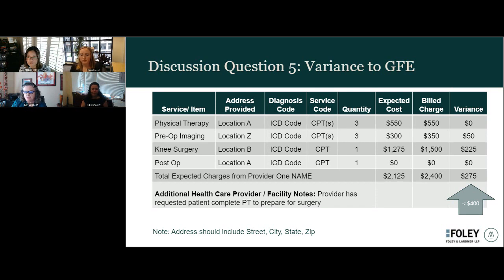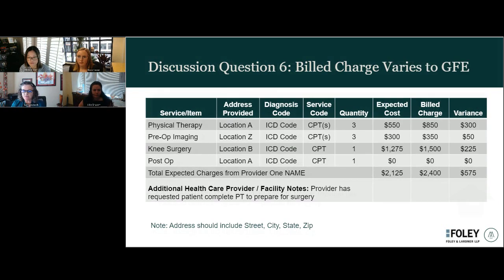Right. And then the next slide that we have is the bill charge varies to the GFE. So in this case, my math isn't very good at the bottom, but we have a difference of 575. I think my total under billed charge is incorrect. But anyway, the difference between the variance columns, we had $300 more on physical therapy, knee surgery, $225.